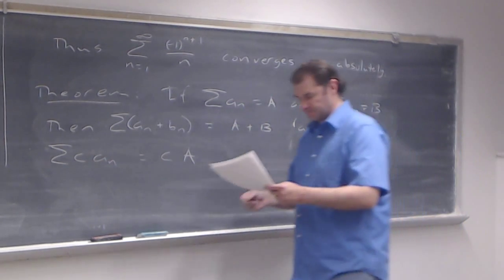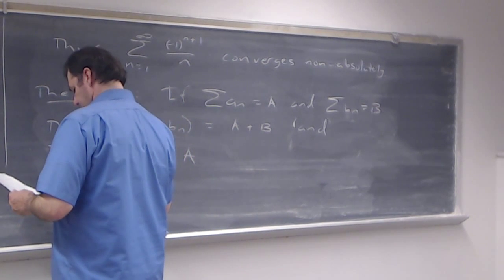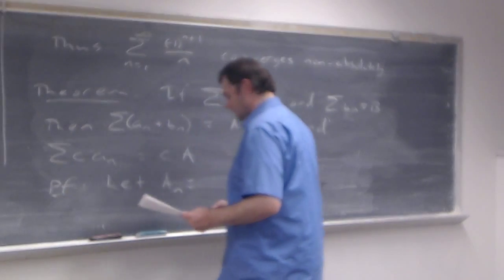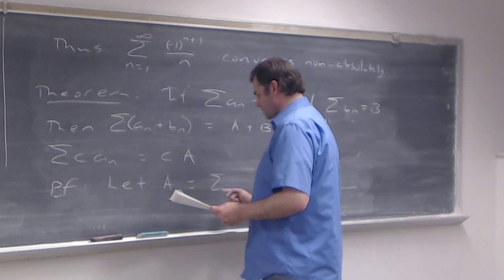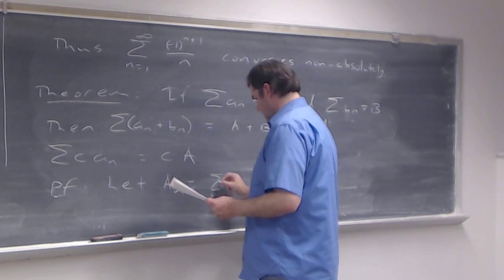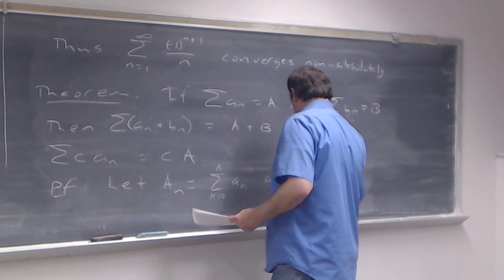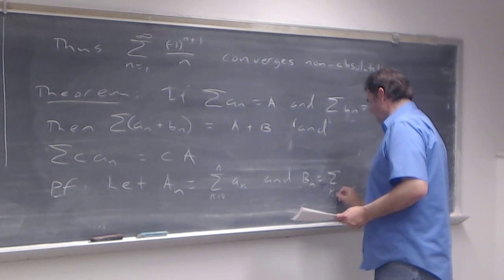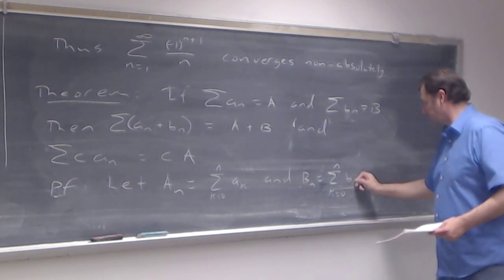So here's the proof. We'll let big A sub n be the terms in the sequence of partial sums, and big B sub n be the terms in the sequence of partial sums for the little b sub k's here.